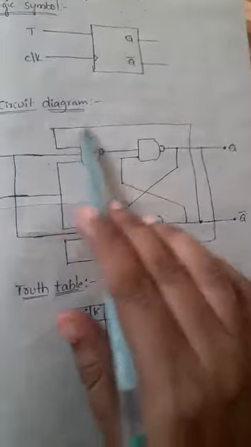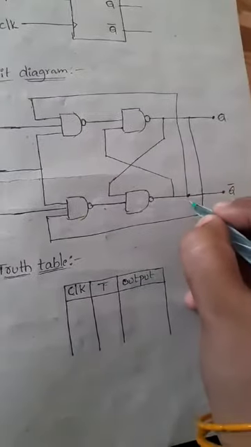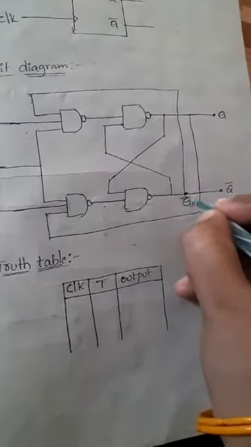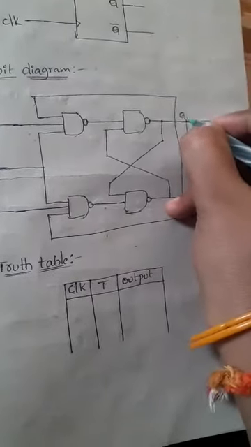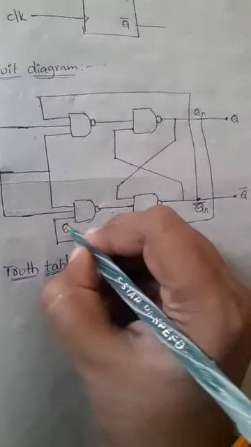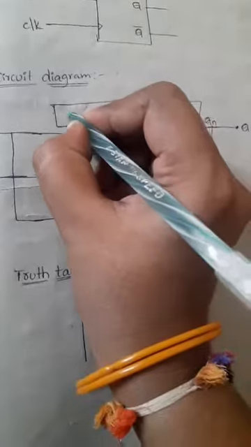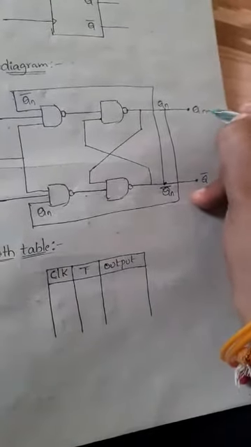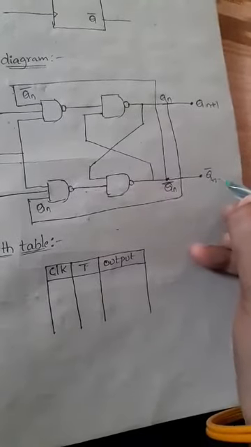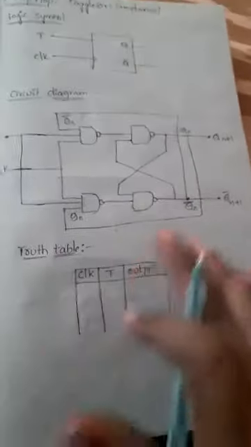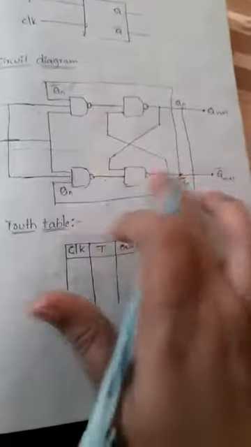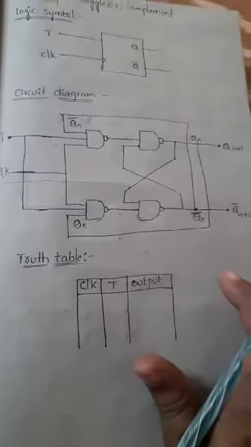And the third input is the present state output, which is fed to the first and second gates. This output we consider as the complement output of the next case. And here we have one SR latch, that is a NAND latch we are connecting.